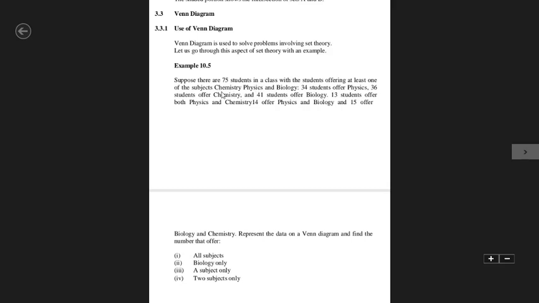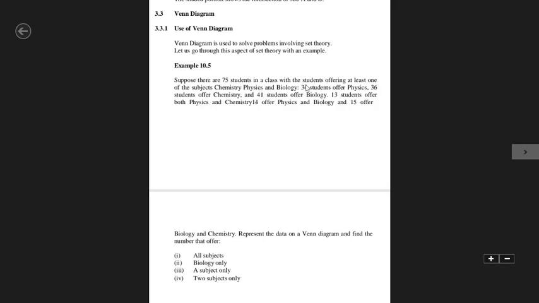Every student participated in at least one of the three subjects. So it's different from the other question whereby we have some numbers that are not present in the three sets. In this case, everybody must do at least physics, chemistry, or biology. There is nobody that is exempted in this class. That means I don't have anybody outside the circles. That is what this one means. So take note of that.